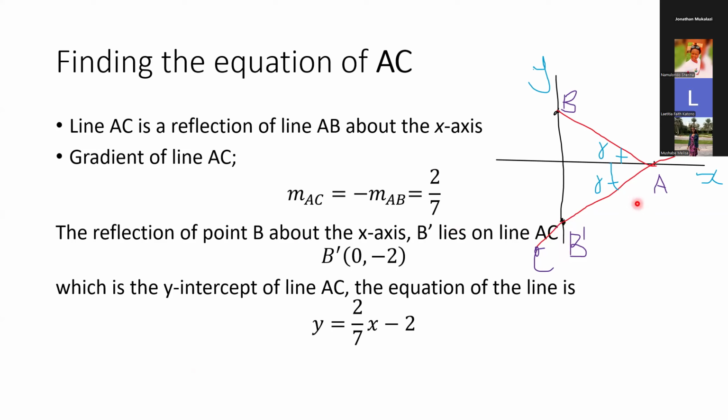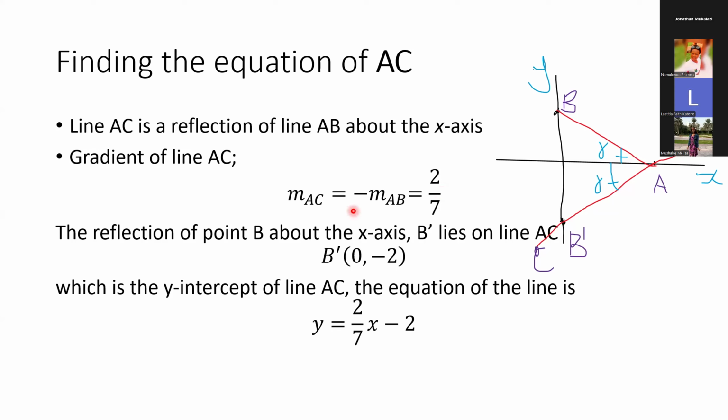Yeah, so we can use those 2 points to find the equation of our line. Okay, so we have agreed that the reflection of the line AB about the x-axis is the line AC. What this implies is that if a line is reflected across the x-axis, then the gradient of its reflection is going to be the negative of its gradient.